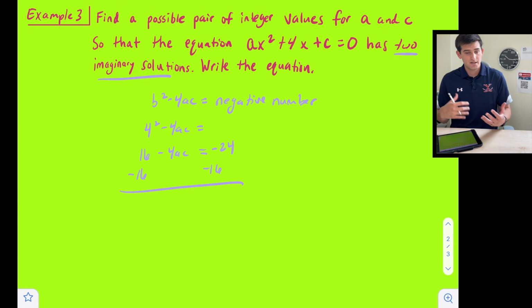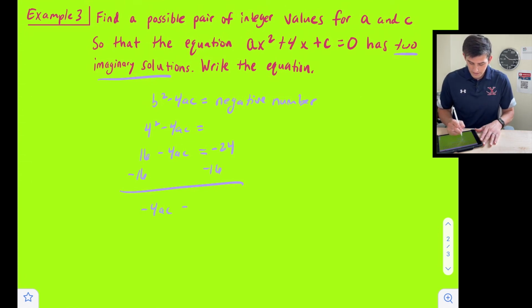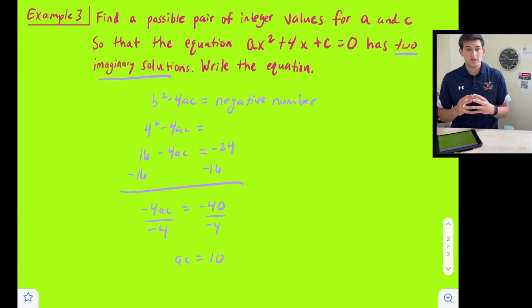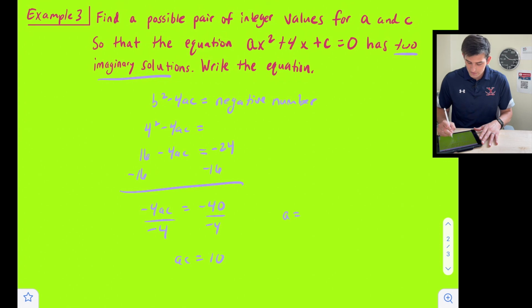That's going to give us negative 40. So now we have negative 4ac is equal to negative 40, and now we can divide both sides by negative 4. So we get a times c needs to equal 10. Let's just use 2 and 5. So let's say a is 2 and c is 5. So now we would have 2x squared plus 4x plus 5 is equal to 0.